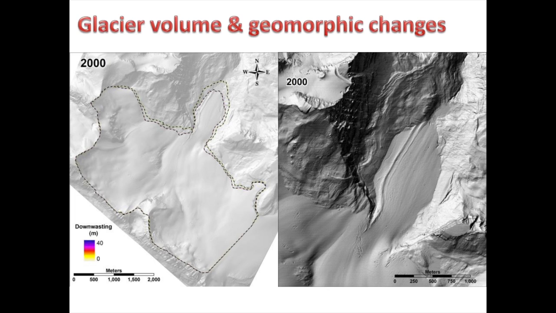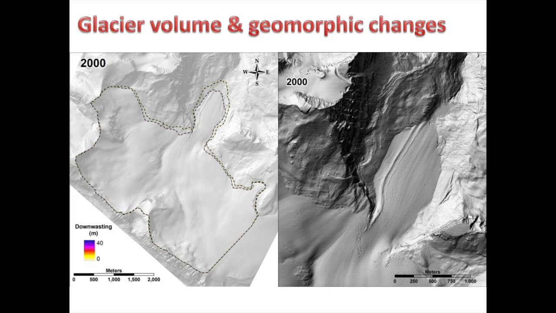And what you can see in the image on the left is the vertical down wasting each year throughout that period. And if you look at the scale, we're looking at up to 40 meters of down wasting over that 10-year period. So that's quite a lot of ice that's been lost out of that one glacier during a one-decade period.